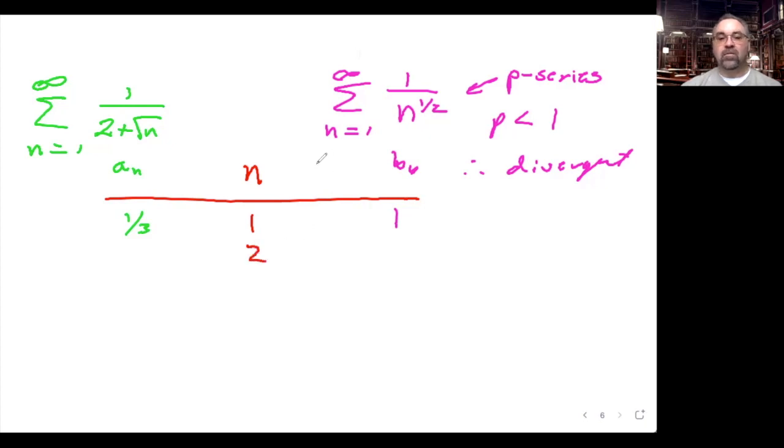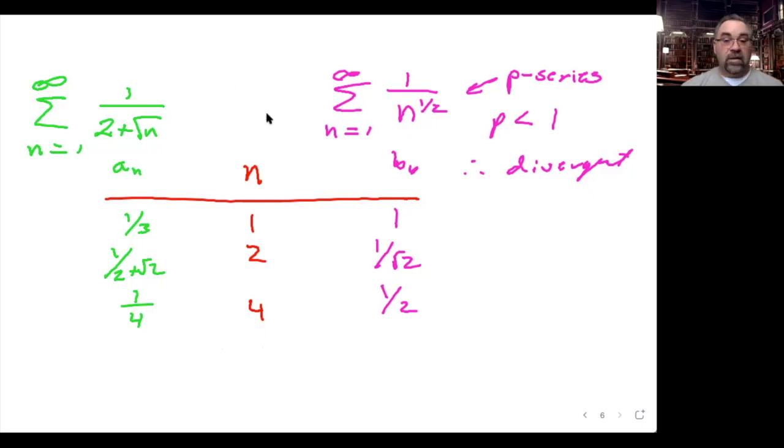What about 2? All right, well, b sub n is 1 over root 2. a sub n is 1 over 2 plus square root of 2. Okay, a sub n is still smaller than b sub n.